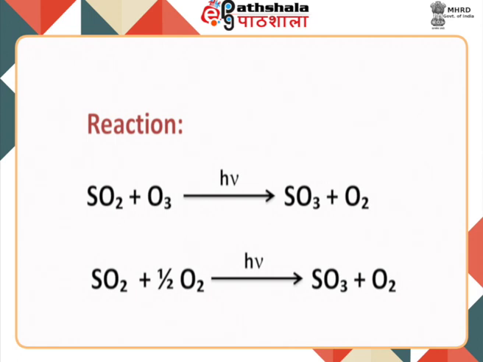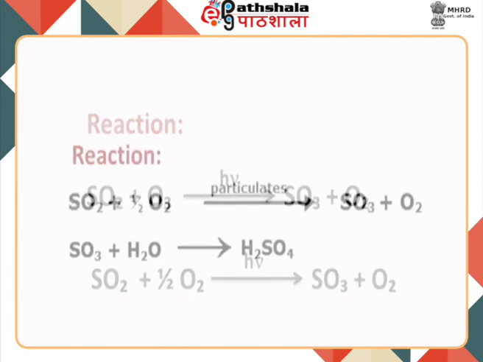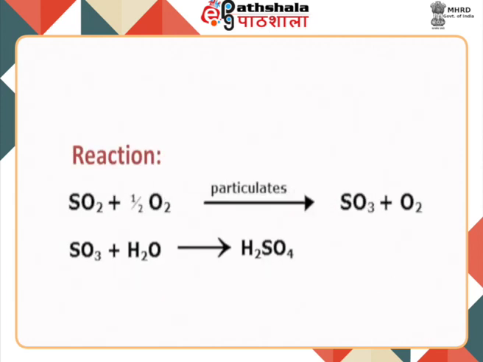Sulfur dioxide molecules in their excited state after absorption of UV light react with oxygen as well as ozone. SO2 plus O3 in the presence of a photon of light gives SO3 plus O2; SO2 plus half O2 again in the presence of light gives SO3. Chemical oxidation of sulfur dioxide by oxygen takes place in the presence of catalysts such as powdered metal oxides or dust and soot particles as well.